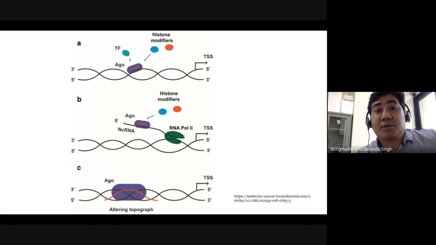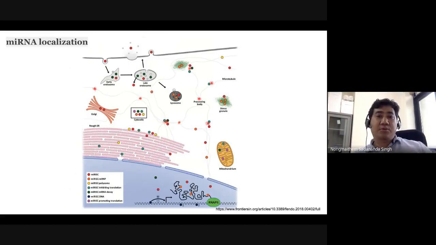So now coming back to the broader picture, what we have been talking about is that microRNA can be in the cytoplasm or in the nucleus doing different roles. But it has been shown that this kind of regulatory mechanism can be localized in different organelles or different locations of the cell.